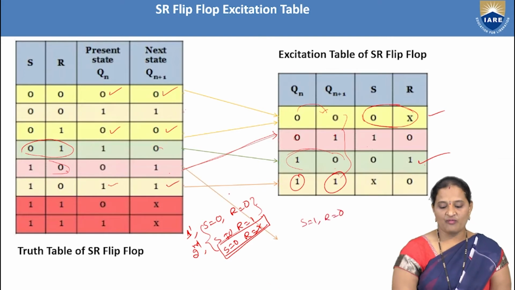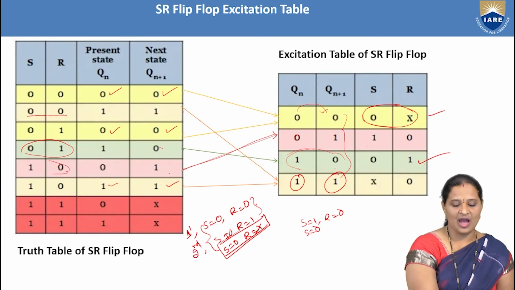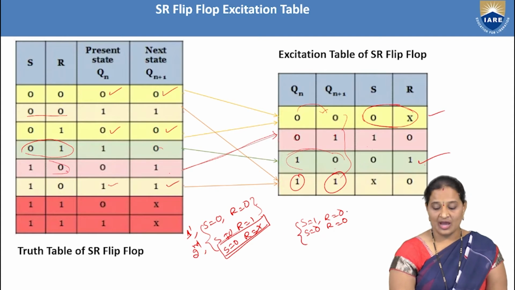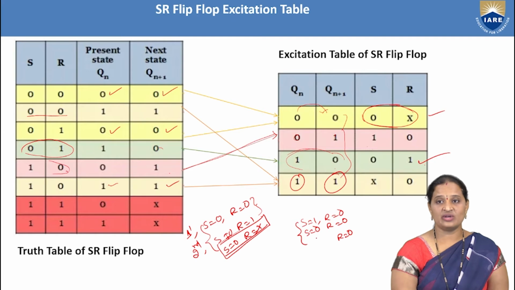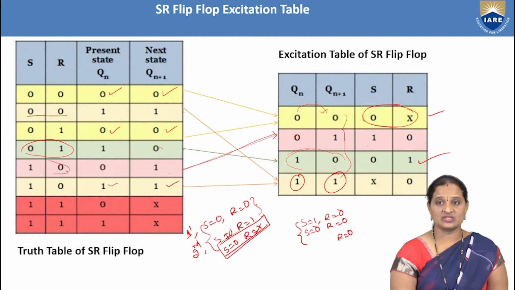And we have one more combination which produces the present state as 1 and next state as 1, in which S is equal to 0 and R is equal to 0. If you observe these two, the R value is common, which is equal to 0, whereas the S value is varying, either 0 or 1. See, if R is equal to 0 and S is either 0 or 1, then we will get the present state and next state as 1, 1.